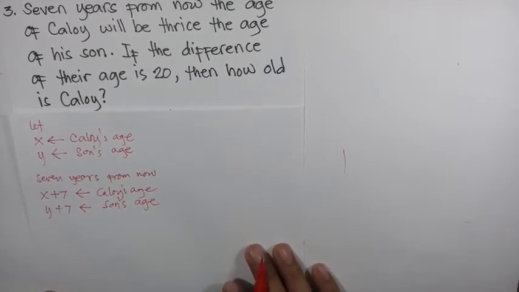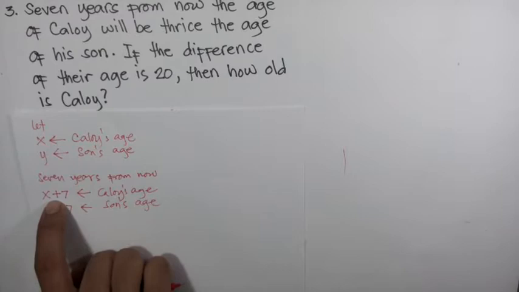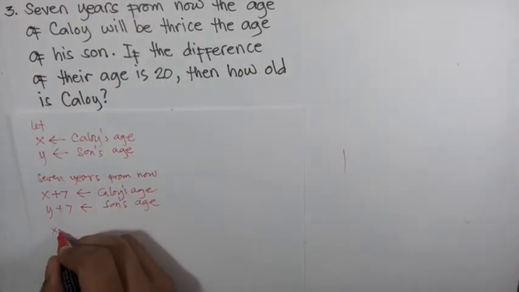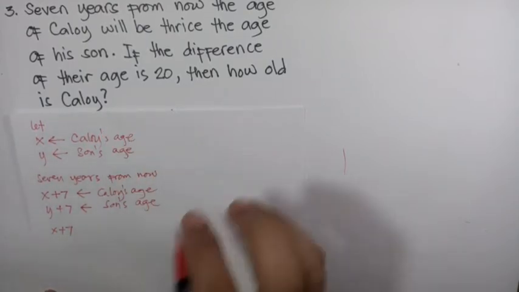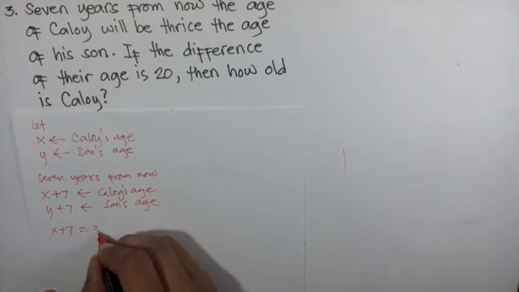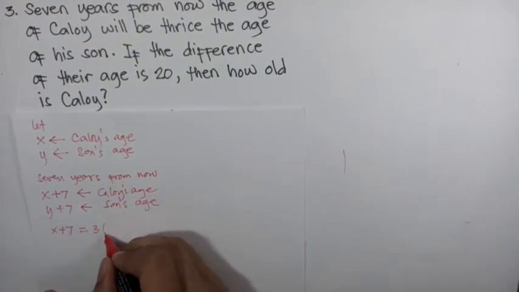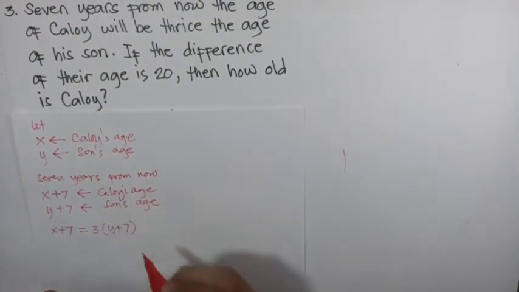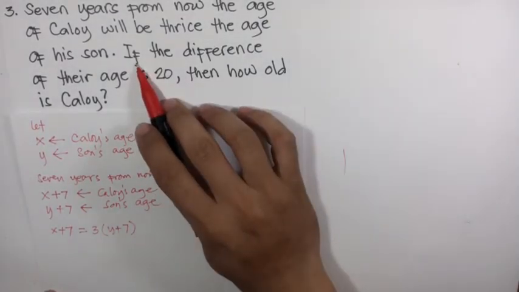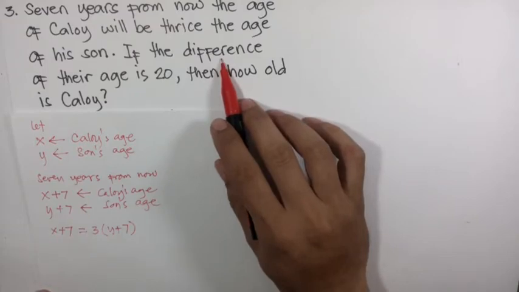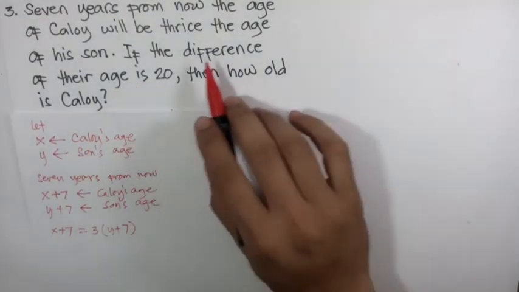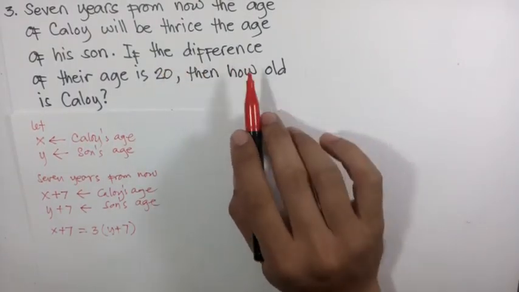Now again, this time we are going to go back to the problem. 7 years from now, the age of Kaloy, so x plus 7, equals thrice the age of his son. So thrice the age of his son, which is y plus 7. Okay, we are done with that statement. So let's go on to the next statement. If the difference of their age, so subtract. He's not talking about 7 years from now, but rather the difference of their age, something about the present.